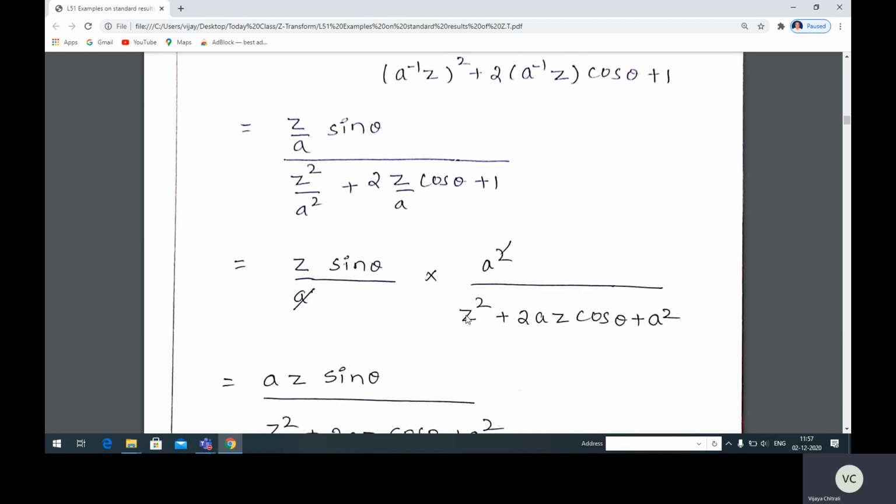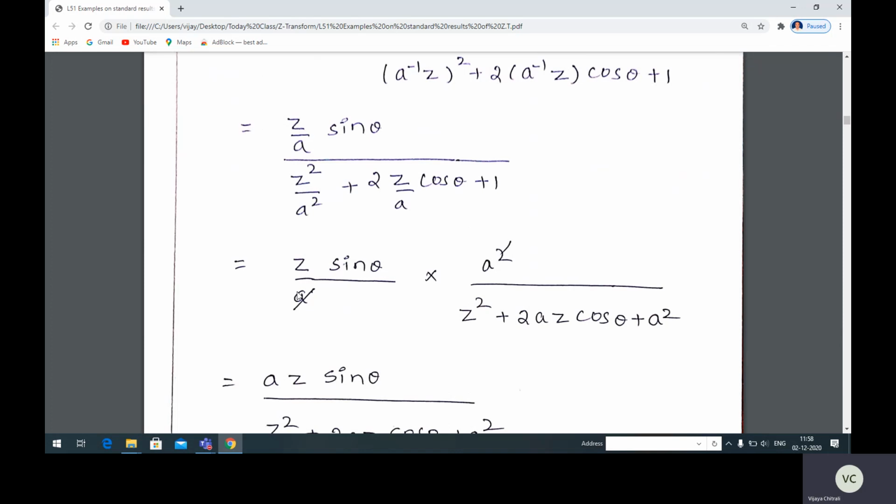The numerator is no problem, sin theta. In the denominator take the LCM as a square. So we are left with (Z square minus 2aZ cos theta plus a square) divided by a square. Take the reciprocal, so a square divided by (Z square minus 2aZ cos theta plus a square). So a cancels with this a square.